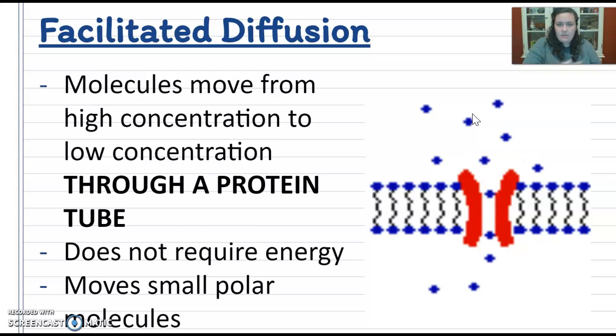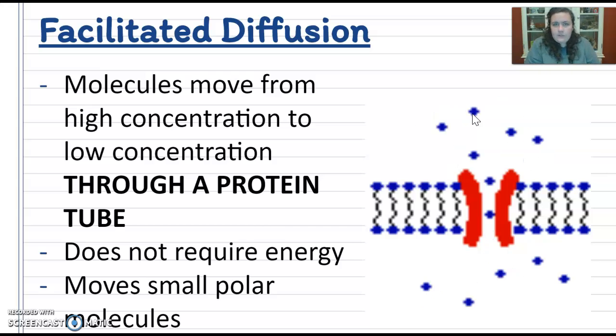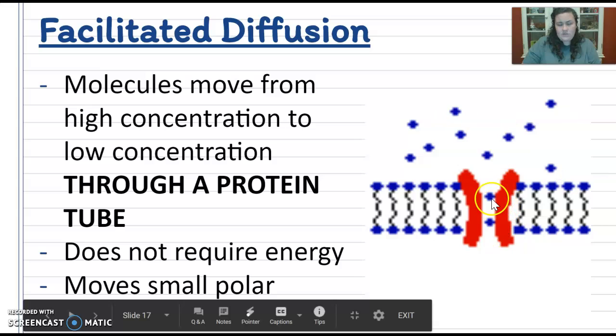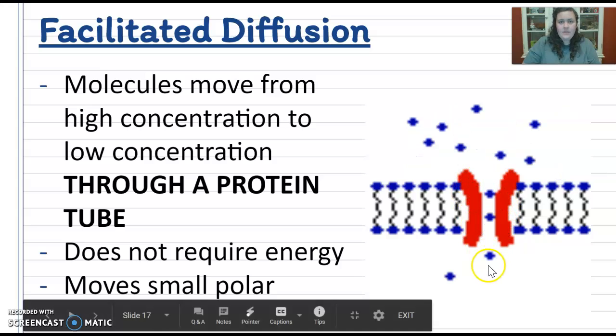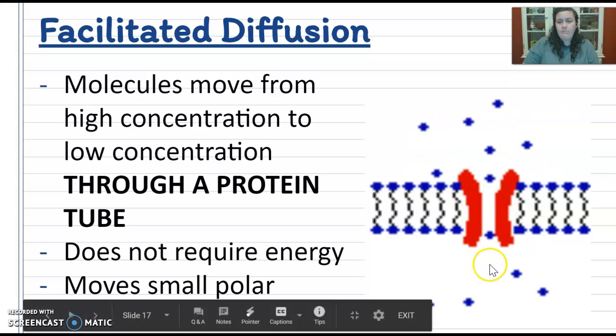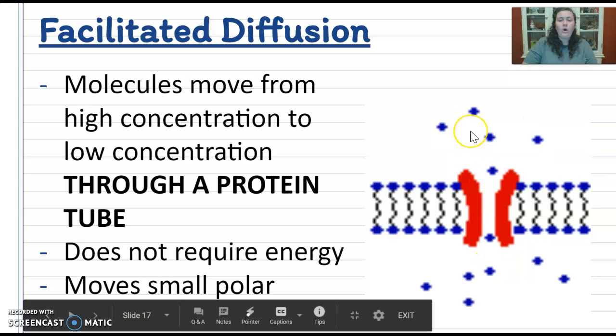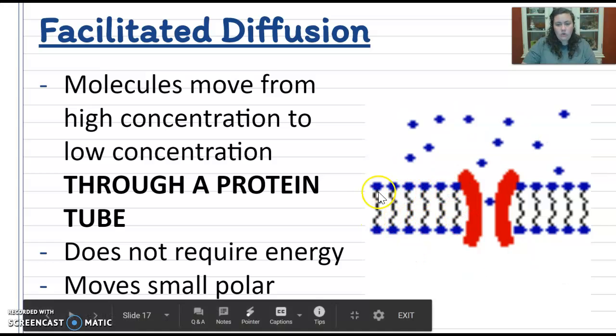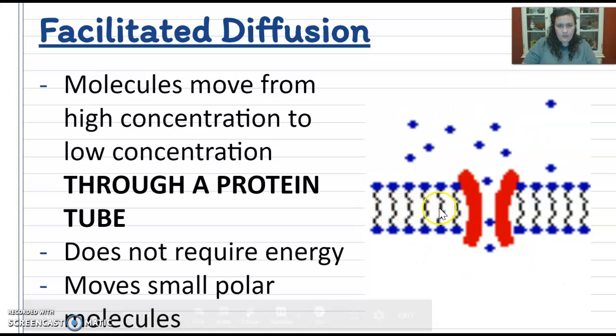Okay, this giant blue molecule just needs to figure something else out because he's not getting in. So we still have to be small enough to fit through, and these tubes really do look like straws. They also are going to be polar. Okay, so this is a polar molecule that normally would not be okay going through this big nonpolar chunk in the middle here.